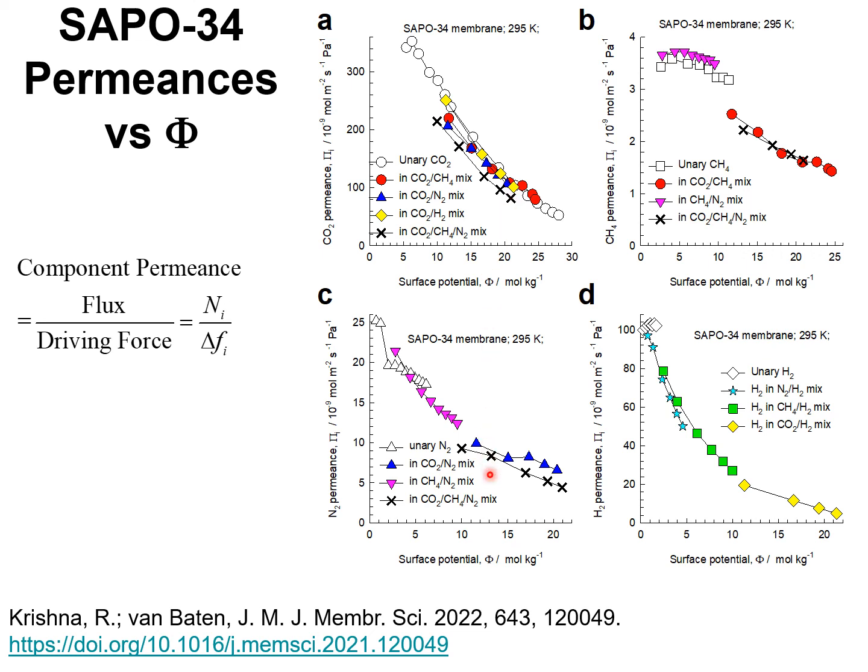This is an important conclusion because it opens up the possibility of predicting the mixture permeation characteristics based on data on the unary permeances.